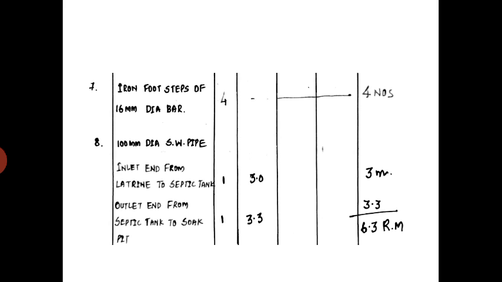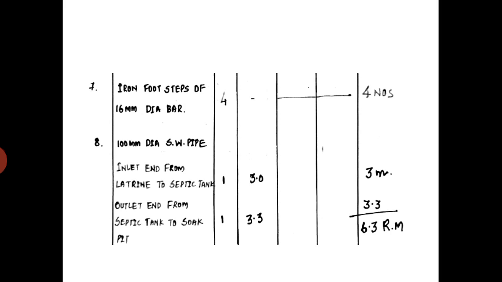Then iron footsteps of 16 mm dia bar, there are 4 numbers. Then you do it for only 4 numbers. Then 100 mm dia SW pipe is there. Then the inlet, you give it only 1 number.